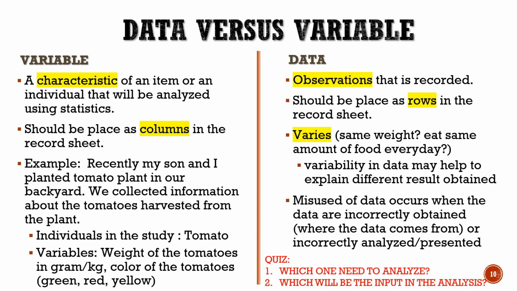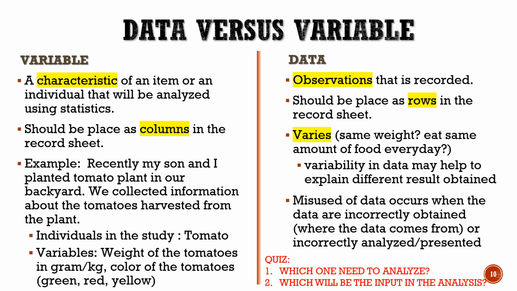Since the data represents the observations that we have recorded, it will vary, meaning it will have different characteristics for each of the rows or for each observation. And misuse of the data occurs when the data are incorrectly obtained.